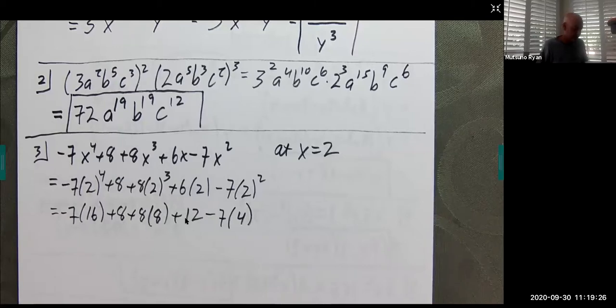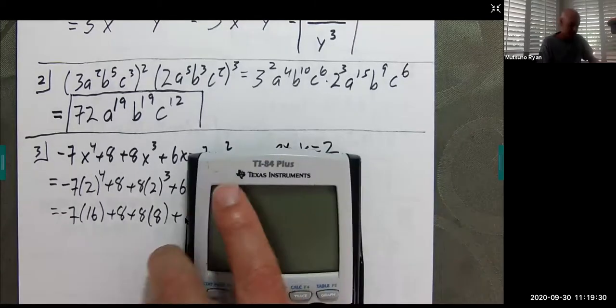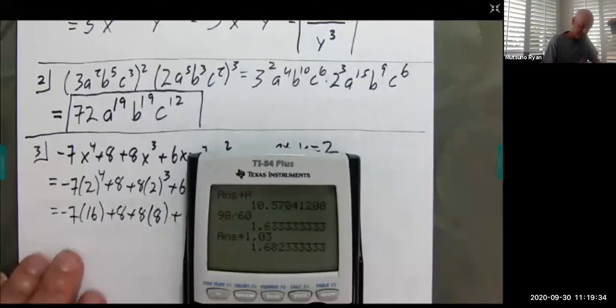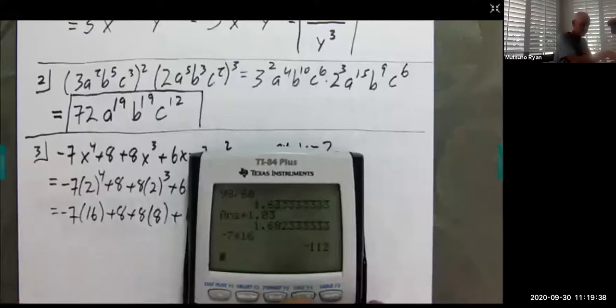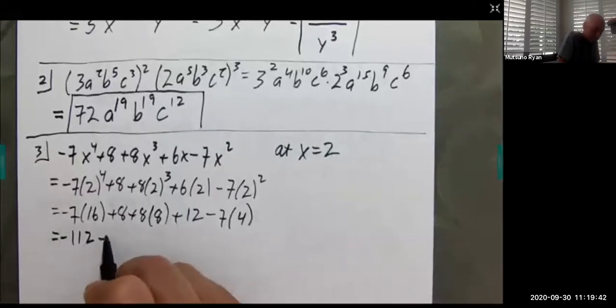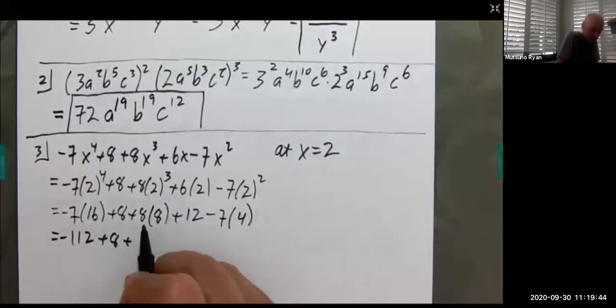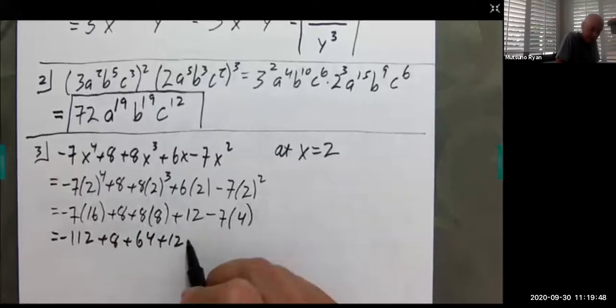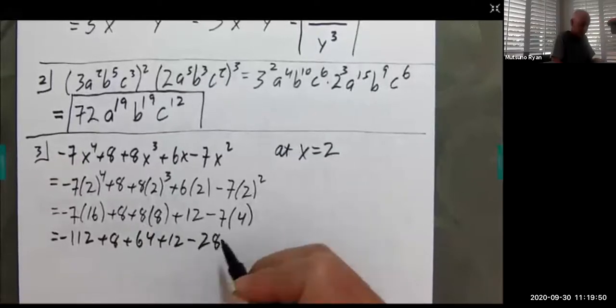Next up, I'm going to multiply 7 times 16. You could do it by hand. I have a calculator handy right here. Negative 112. 8 times 8 is 64. 7 times 4 is 28.